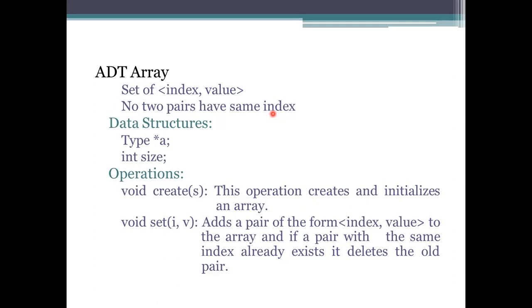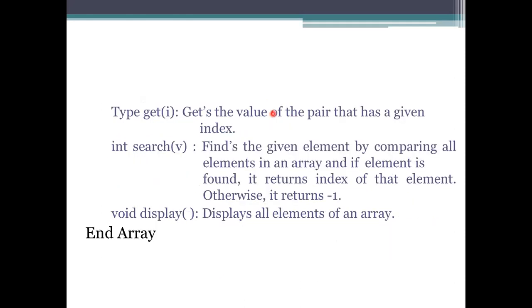If you want to pass values to it, make it a set. Insert can be used here. Initially we don't have any values, that's why we are using the set of i comma v. If you want to make any changes, it will be processed there.